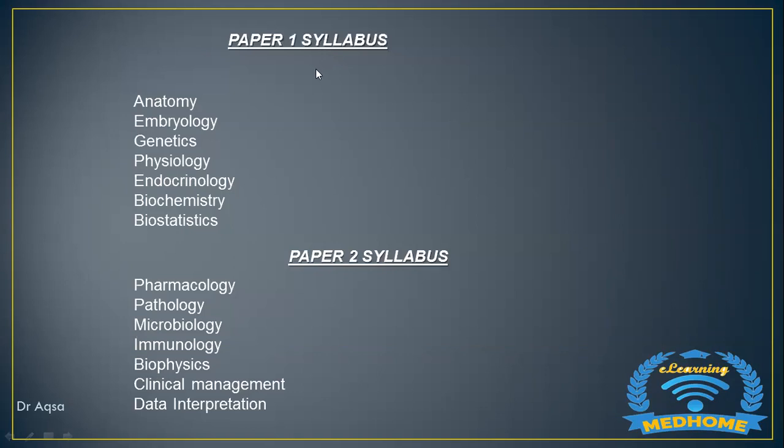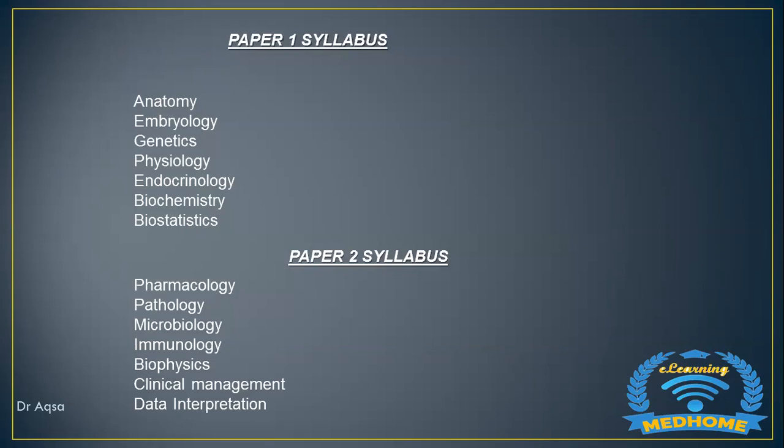For paper 1, we have anatomy, the most important module of paper 1, and the major questions come from anatomy. That is why I have decided to discuss the whole of anatomy in these sessions. Then we have embryology, genetics, physiology, endocrinology, biochemistry, and biostats.